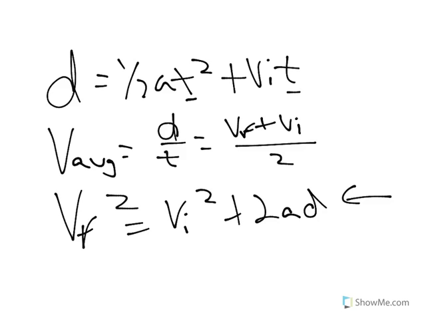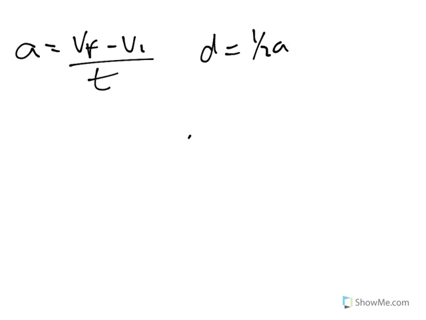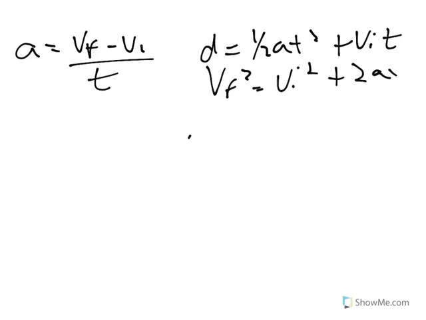So how do you use these formulas? Let me write them all down at once. We've got a equals Vf minus Vi over t. We've got d equals 1/2 at squared plus Vi t. Then Vf squared equals Vi squared plus 2ad.